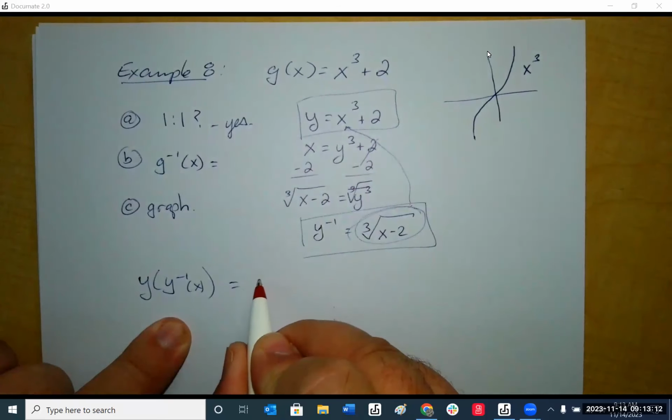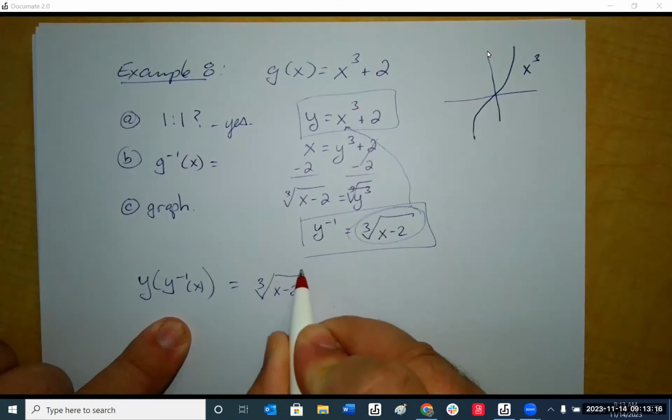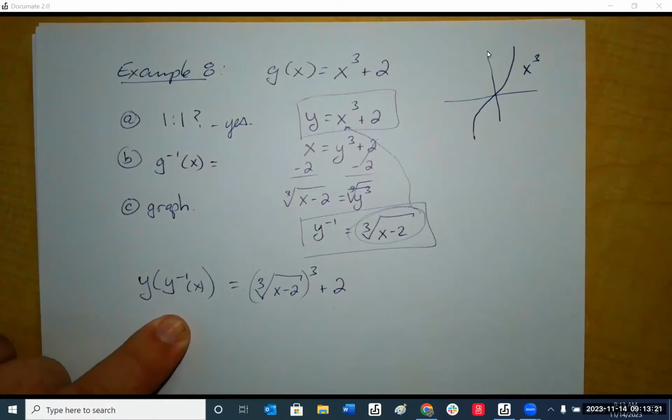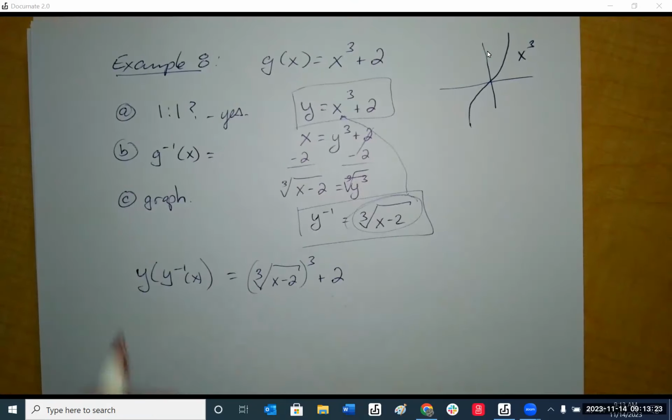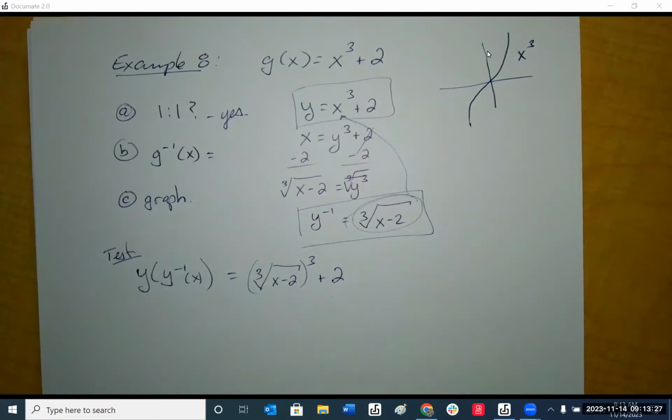So I have cube root of x minus 2, cubed, plus 2. This is testing. The cube root and cube cancel out, so I have x minus 2 plus 2. It equals x. So that works.